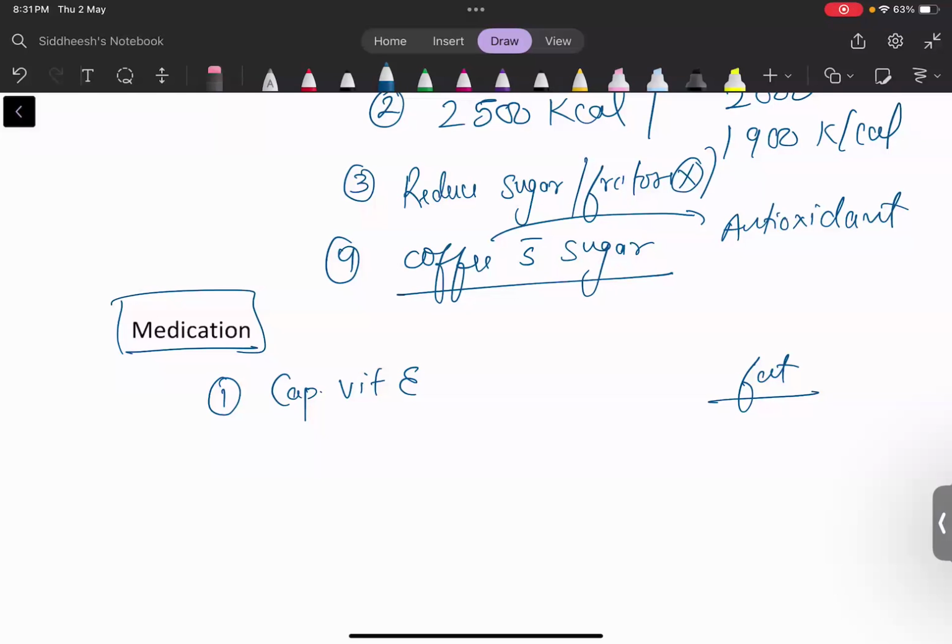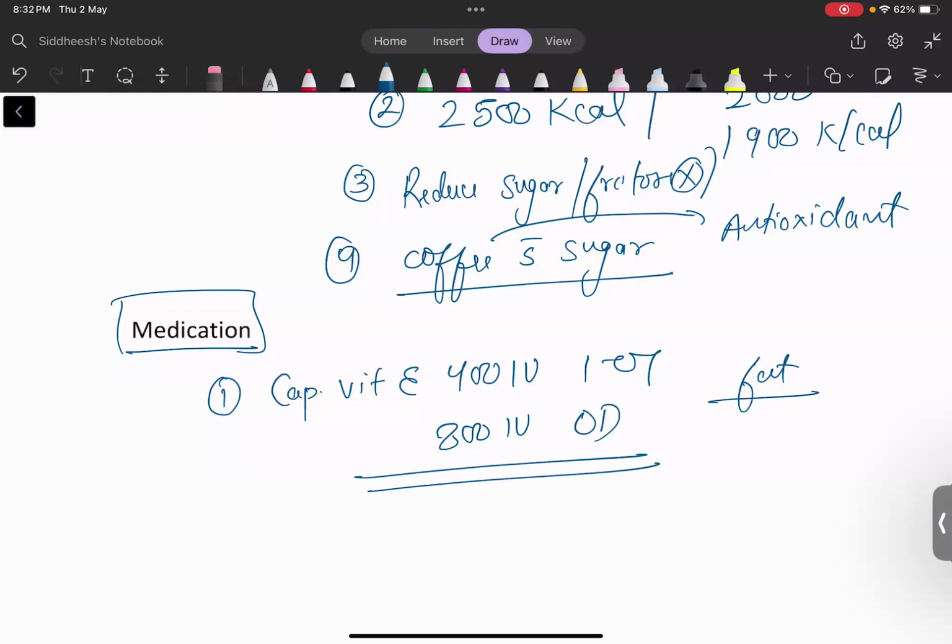Right? Now, back to our medication part. Capsule vitamin E, you can take about the dose now: 400 IU twice a day you can give, or else you can give only once a day. Okay. Now we should not be giving corticosteroids. No, never. It's a simple, natural management.